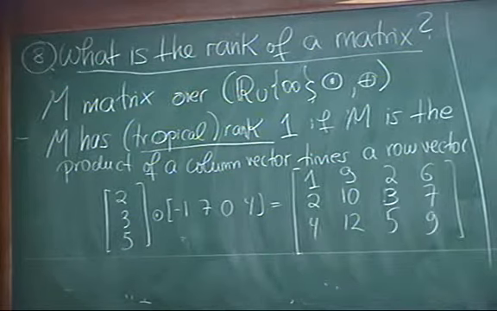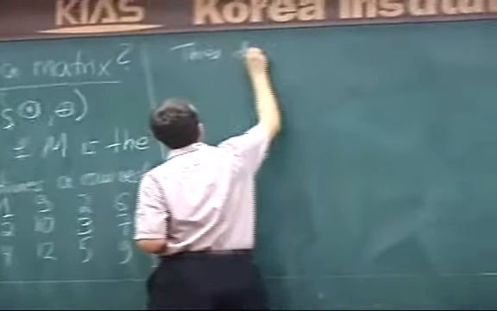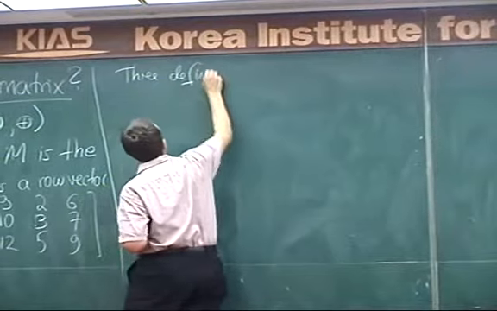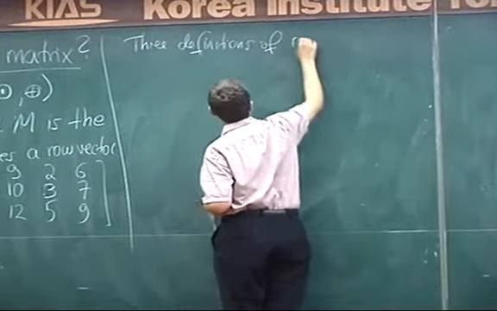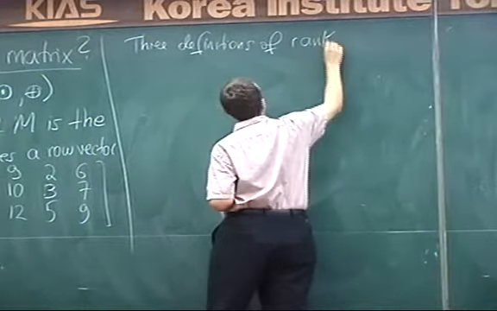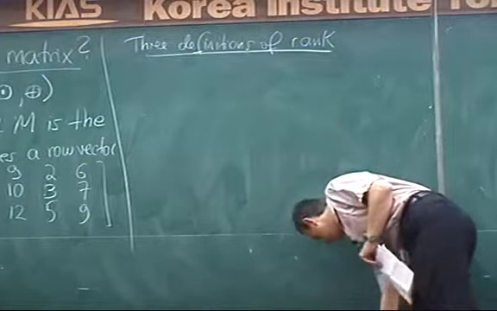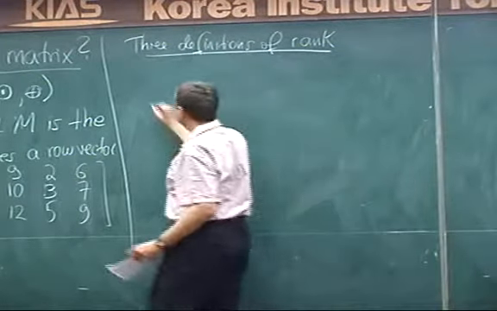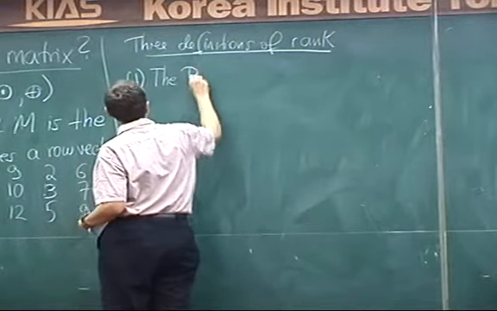Let me give you 3 definitions of the rank of a matrix. So the first definition, I'm going to call that the Barvinok rank.